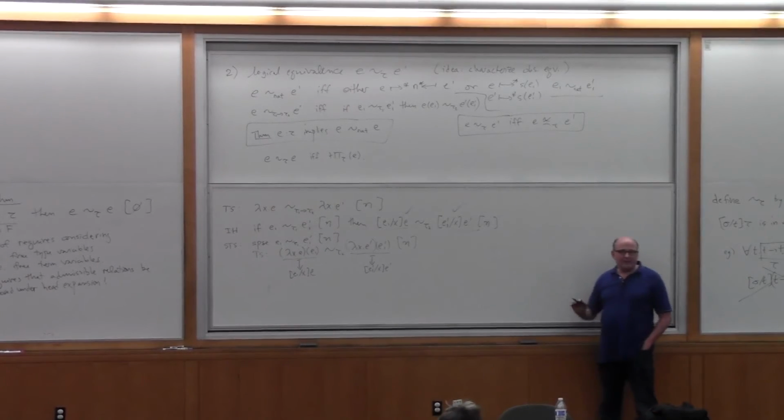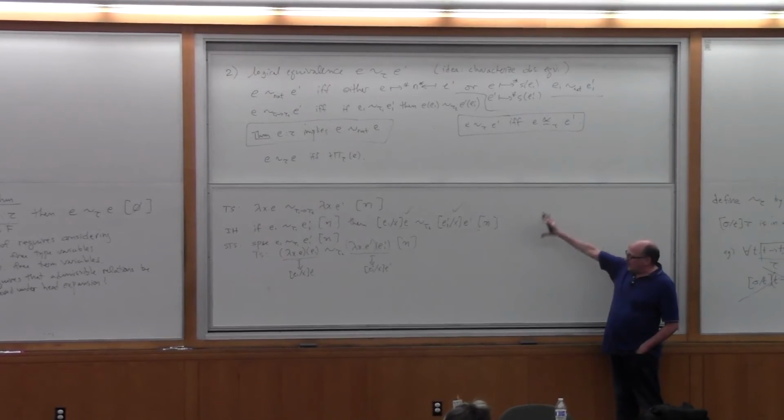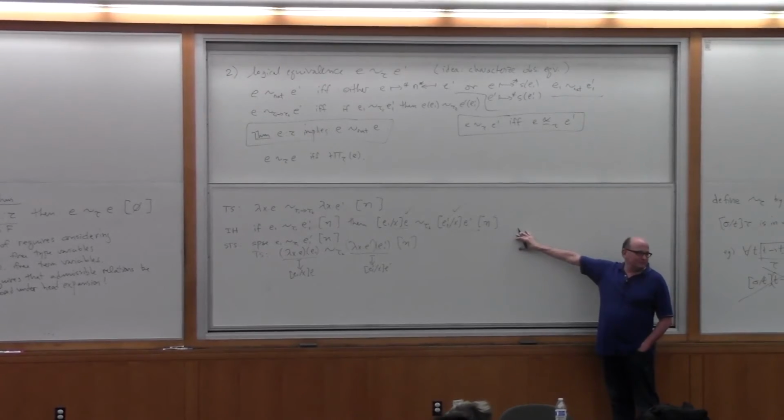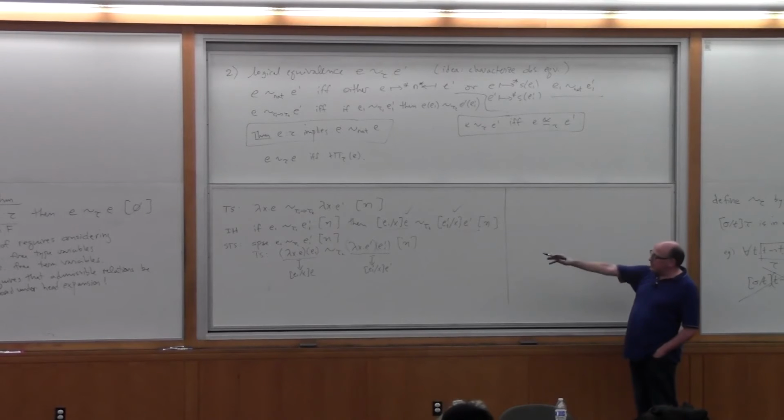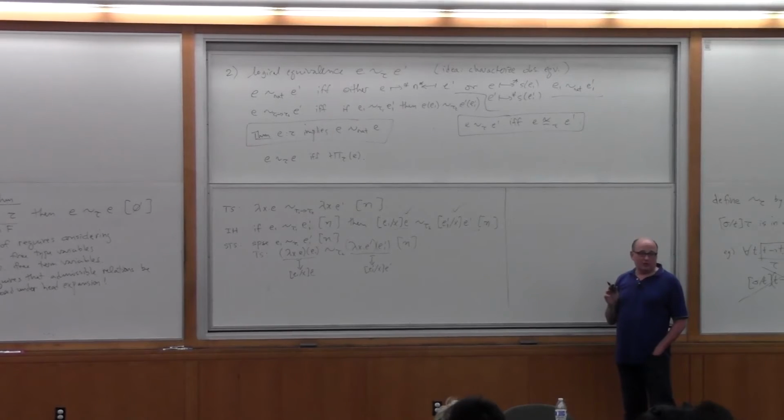This is the reason why you want closure under head expansion, because you have to make the proof go through. That's an example of where that comes from. So this is the main theorem that tells you things are self-related. Then we can pump out consequences of things being self-related, and Dan did this this morning.